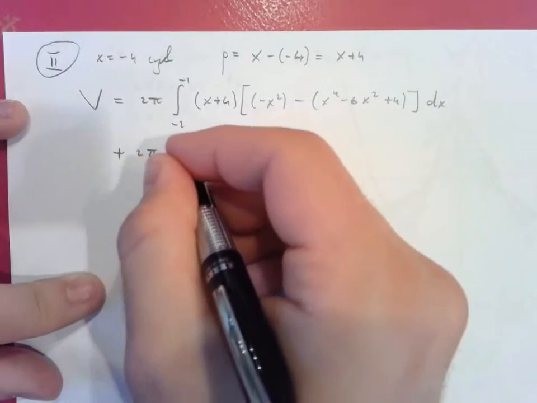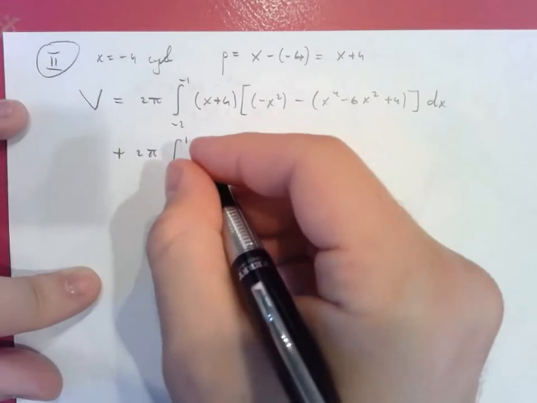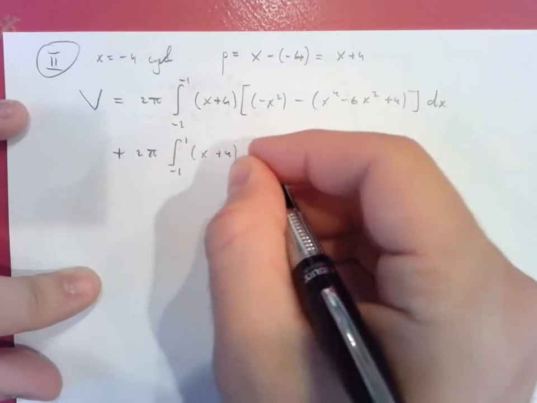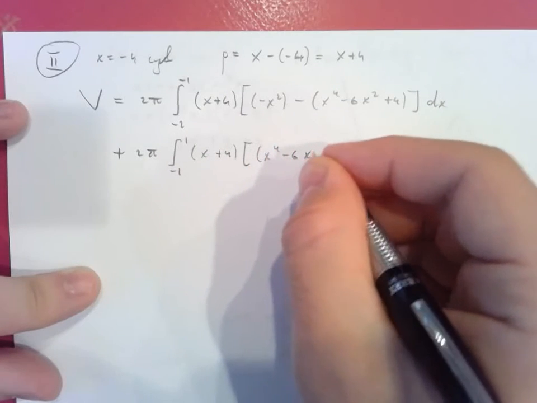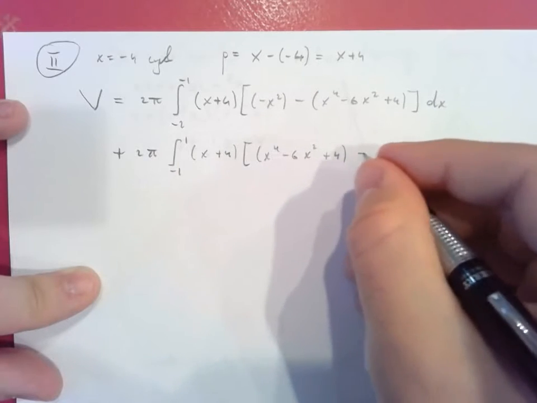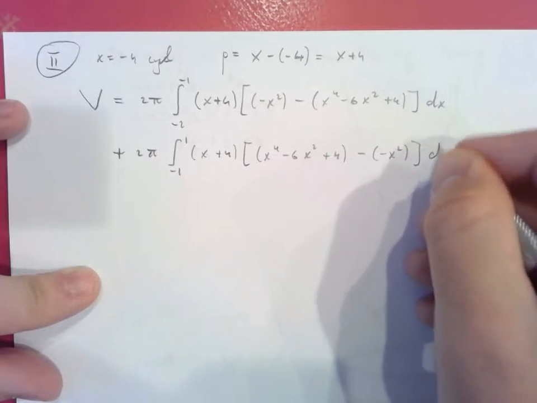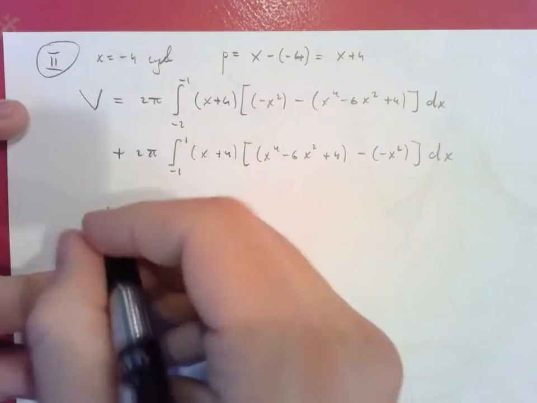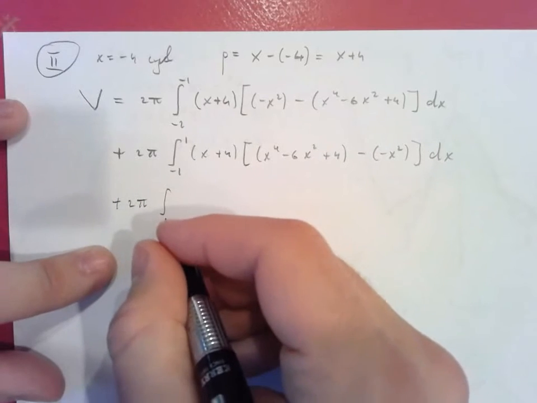Plus 2 pi, the integral for region 2, with top curve minus the bottom curve, plus the integral for region 3.